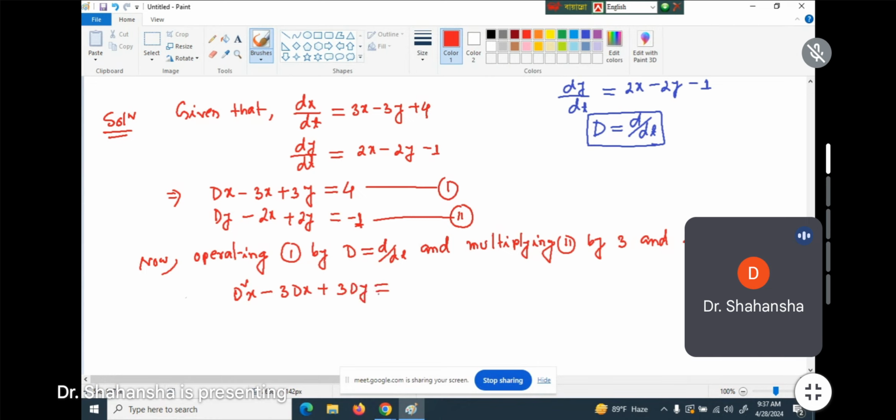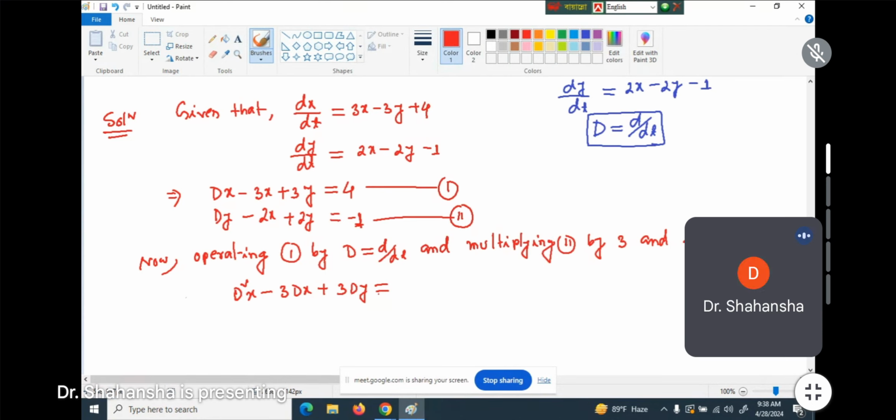What is the value of the right hand side? Anyone help me? How will you get the right hand side? D of 4. D of 4 is 0.